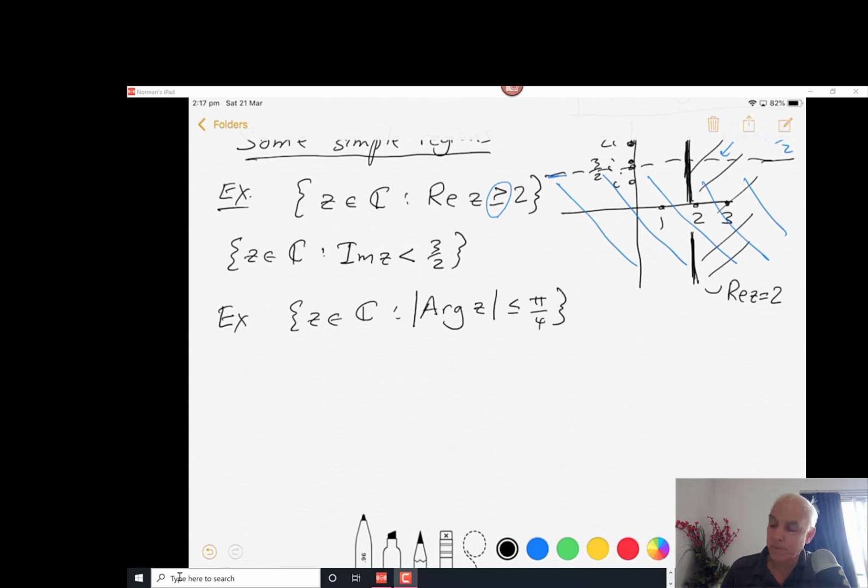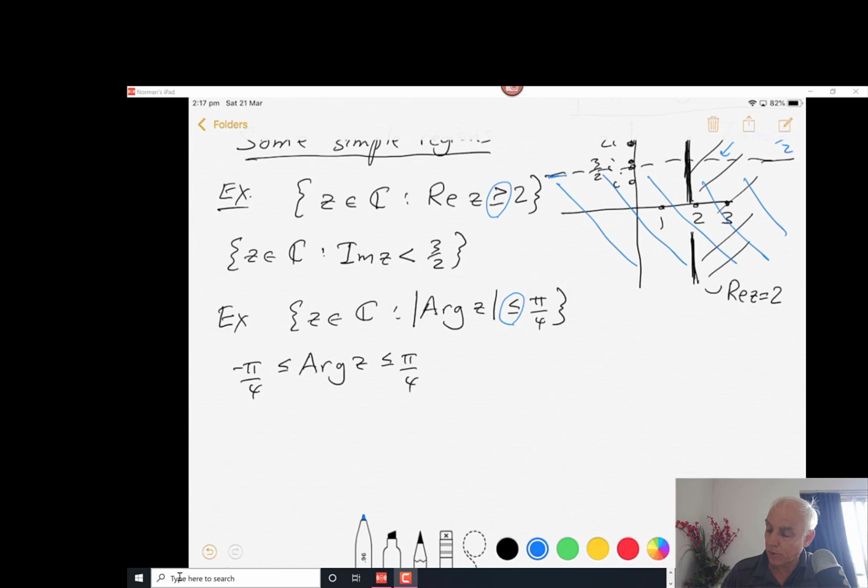What would that mean? We're talking about the condition that arg of z is between minus pi/4 and pi/4, with equality included because there's a less than or equal to here.